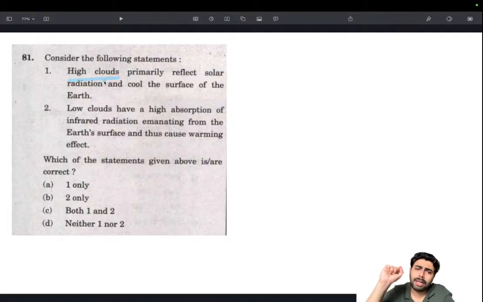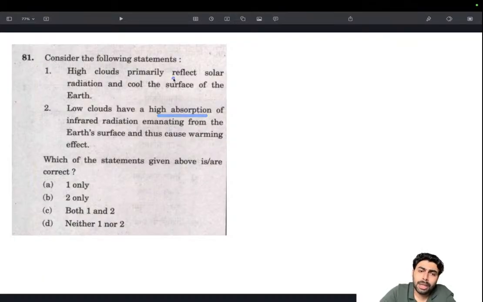High clouds primarily reflect solar radiation and cool the surface of earth. Low clouds have high absorption of infrared radiation emanating from the surface, thus causing a warming effect. The second side of things makes perfect sense: high absorption of infrared radiation emanating from Earth's surface causes a warming effect. This part makes sense, but we are not really sure whether the high cloud or the low cloud is the one responsible for this.